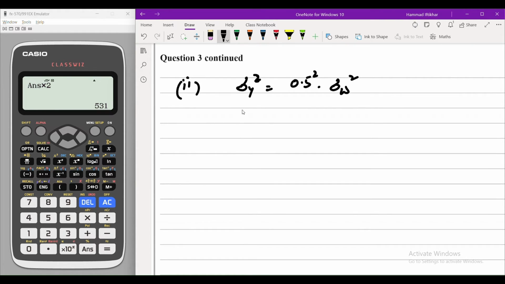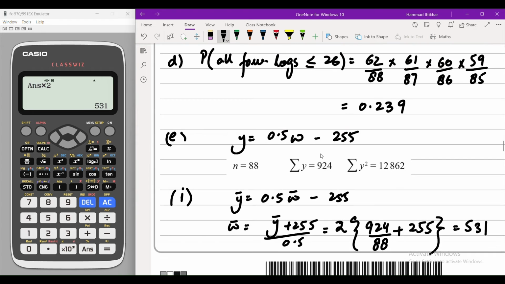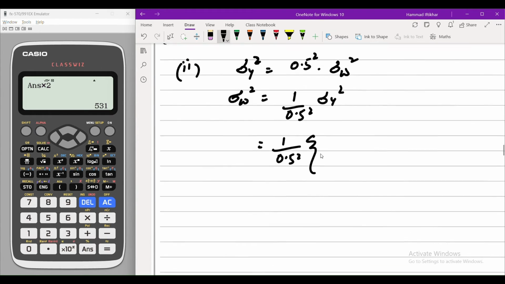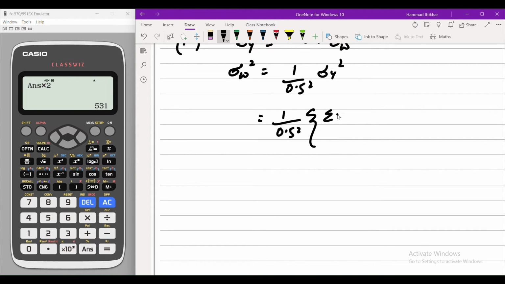So basically this means that sigma W squared is going to be equal to 0.5 squared times by sigma y squared. Now we need to find out sigma y squared, or just the variance. Actually, let's write the formula first. Sum of y squared over n minus sigma y over n whole square.